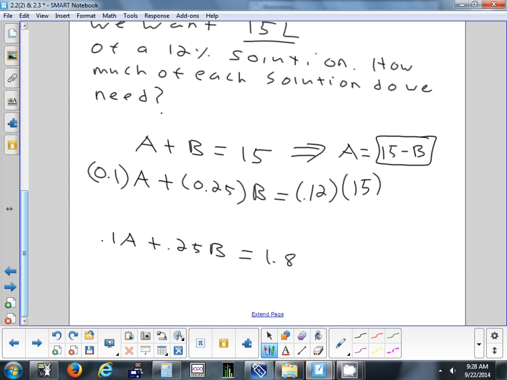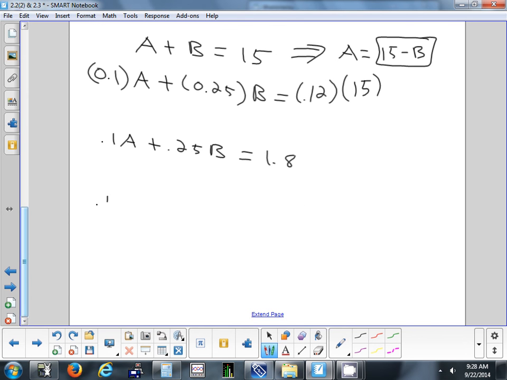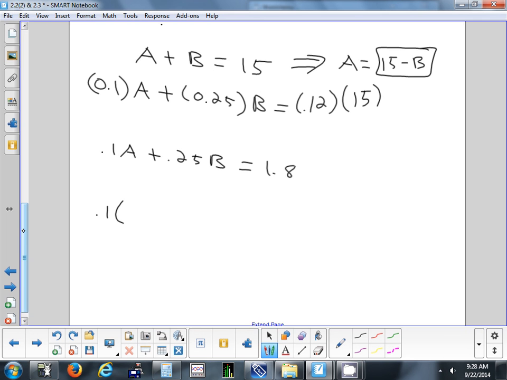Because if you're going to use, let's say, B liters of one solution, then you're going to use 15 minus B of the other. So now just do the substitution. So 0.1 times 15 minus B plus 0.25B equals 1.8.